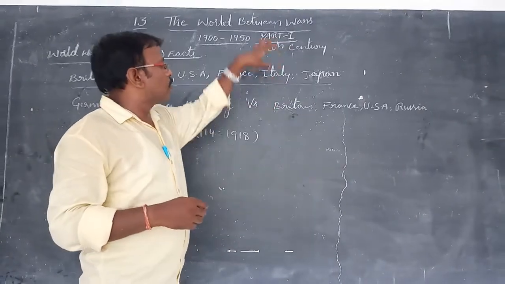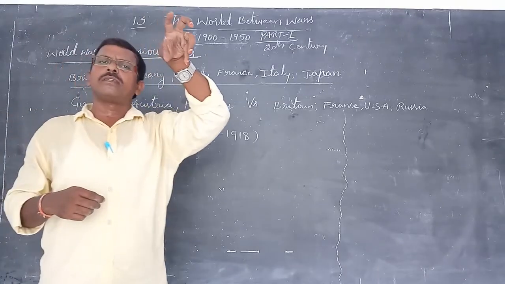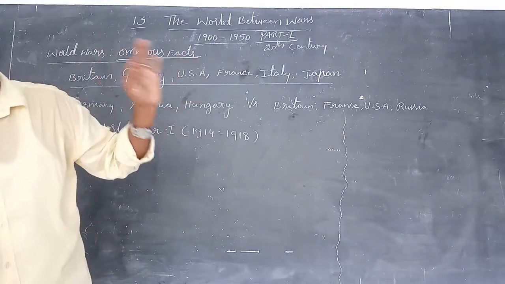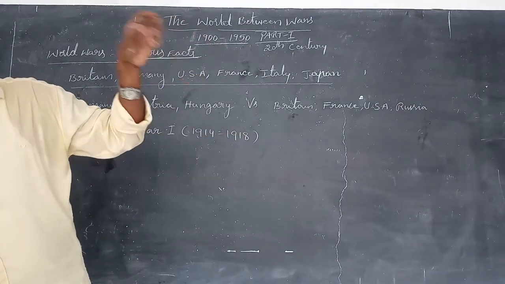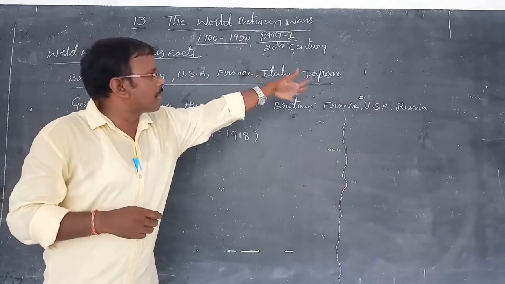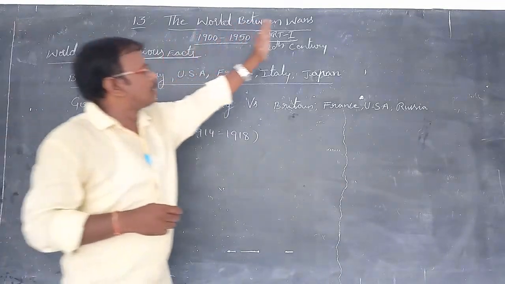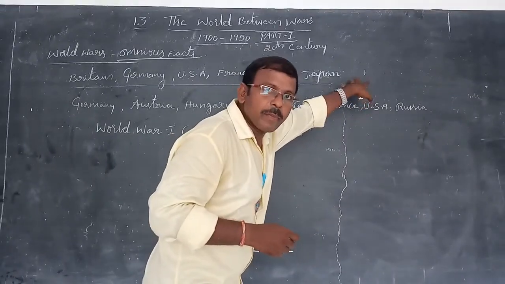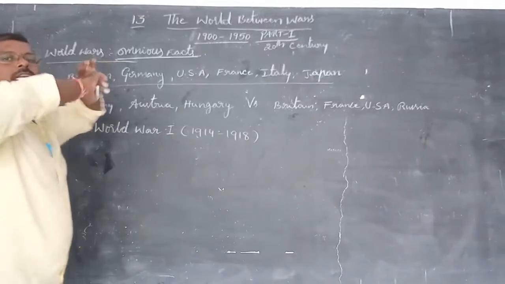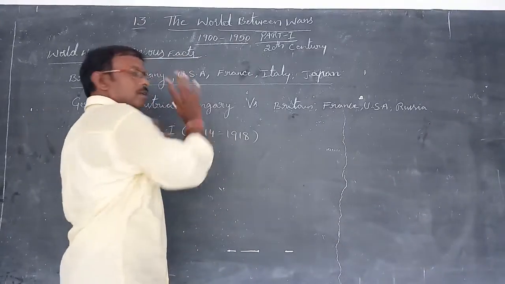So many countries joined one group or the other. Almost no country was left; from East, Japan and China, to West, up to USA, all countries participated in the First World War.